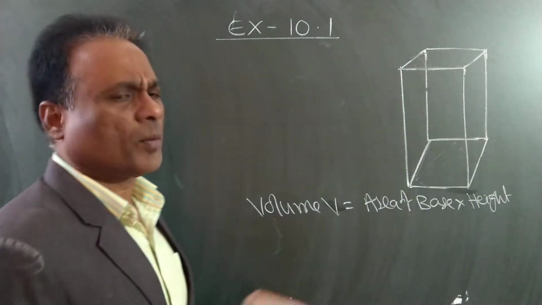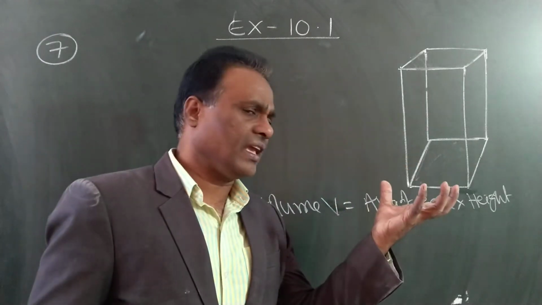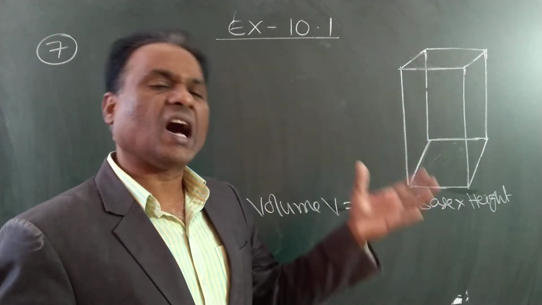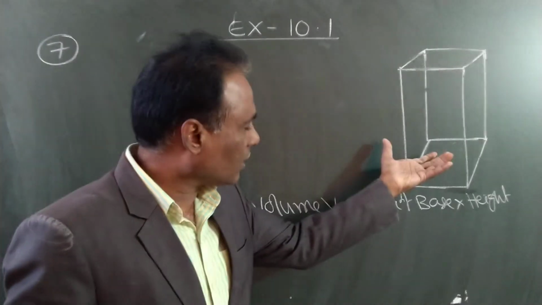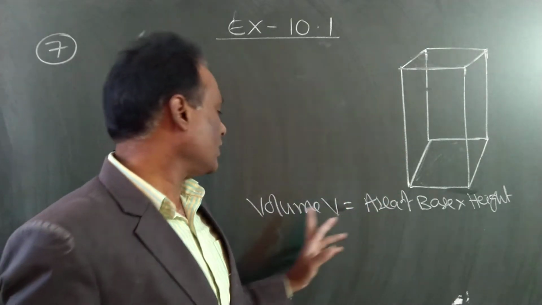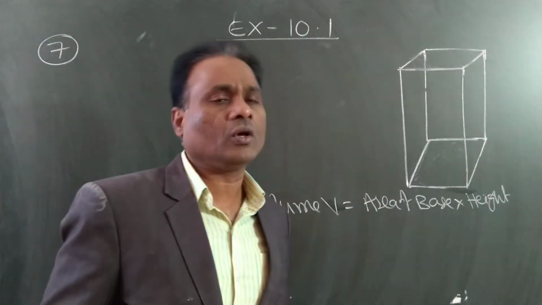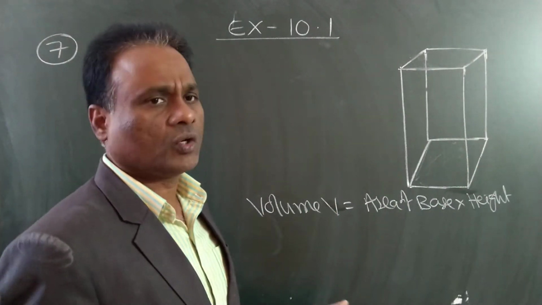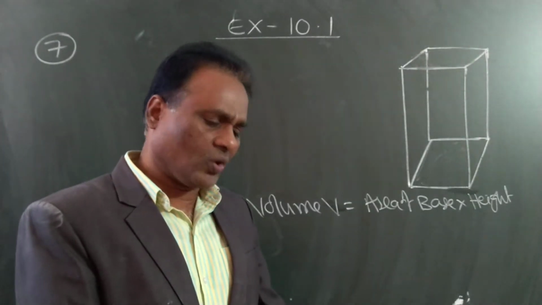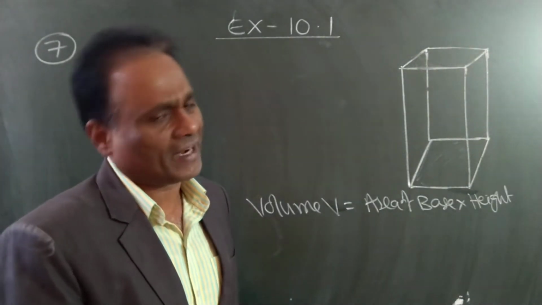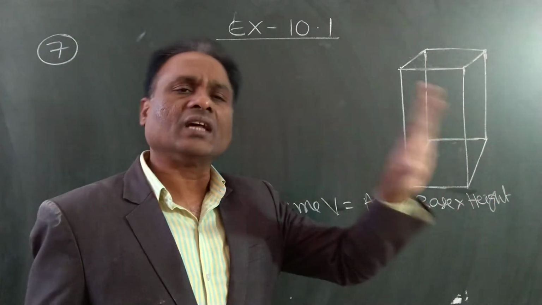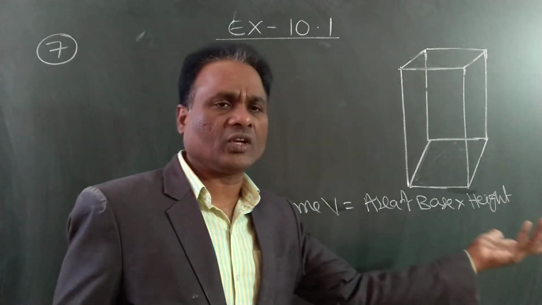If the base and top are the same, whether it is a cube or cuboid or any figure having the same base and top, then its volume is area of base into height. Or we can even use the cuboid formula, length into breadth into height. That also we can use. Both are the same.